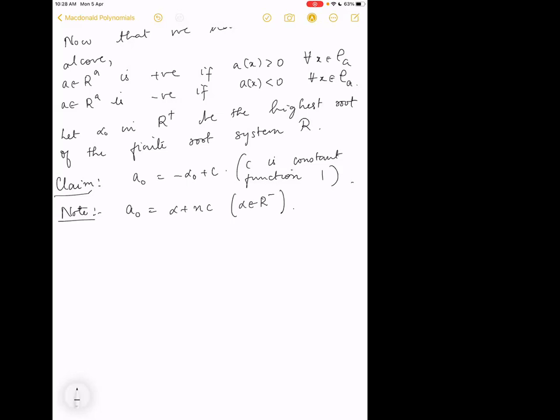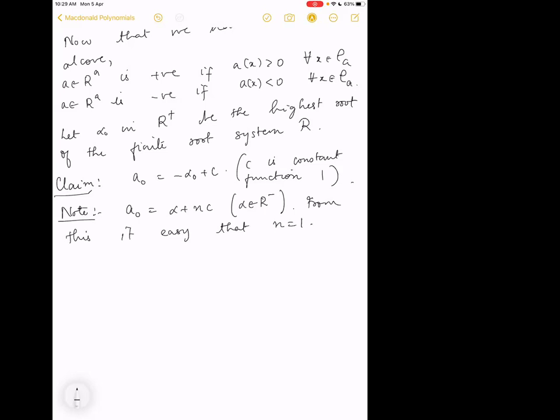From this, if alpha plus nC is going to be included, it is easy to see that n is 1, because alpha plus C will be included anyway. If you go further away, you might as well just stick to 1.